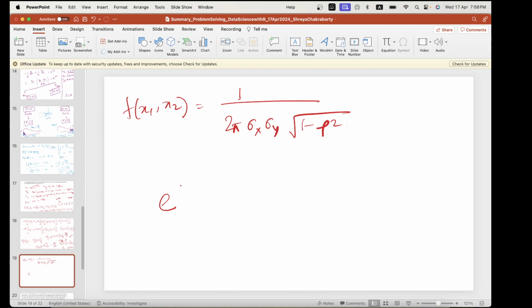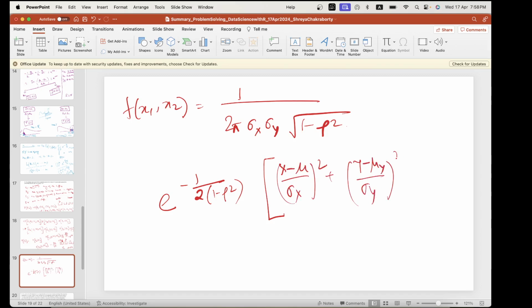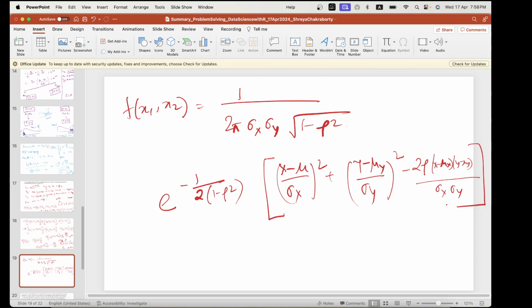Then you have e to the power minus 1 by 2 (1 minus rho square), then (x minus mu x by sigma x) whole square plus (y minus mu y by sigma y) whole square minus 2 rho (x minus mu x)(y minus mu y) by sigma x sigma y. This is the form of your bivariate normal distribution.